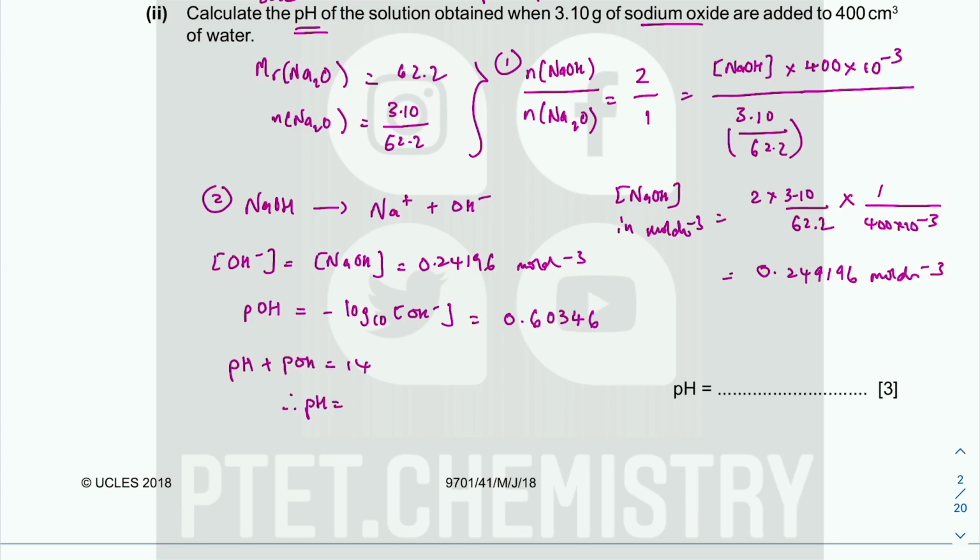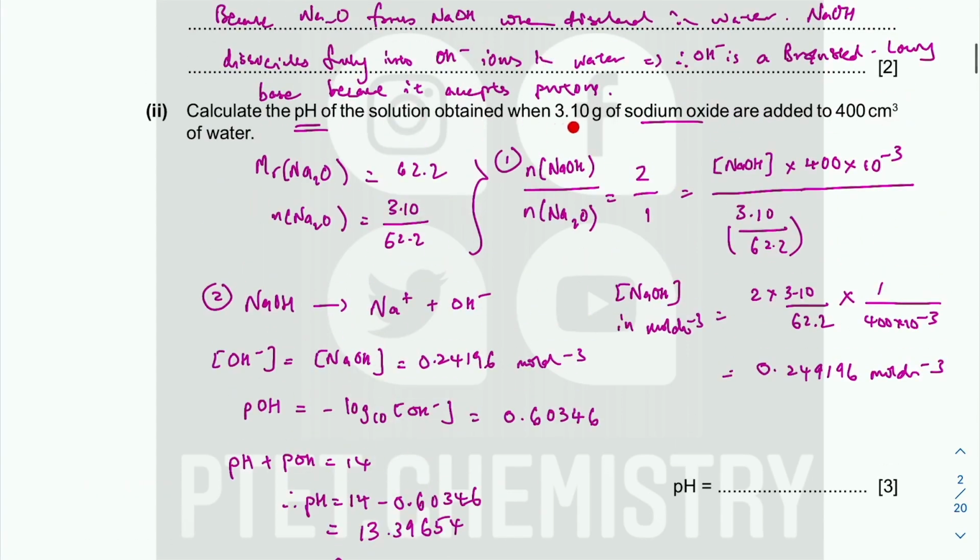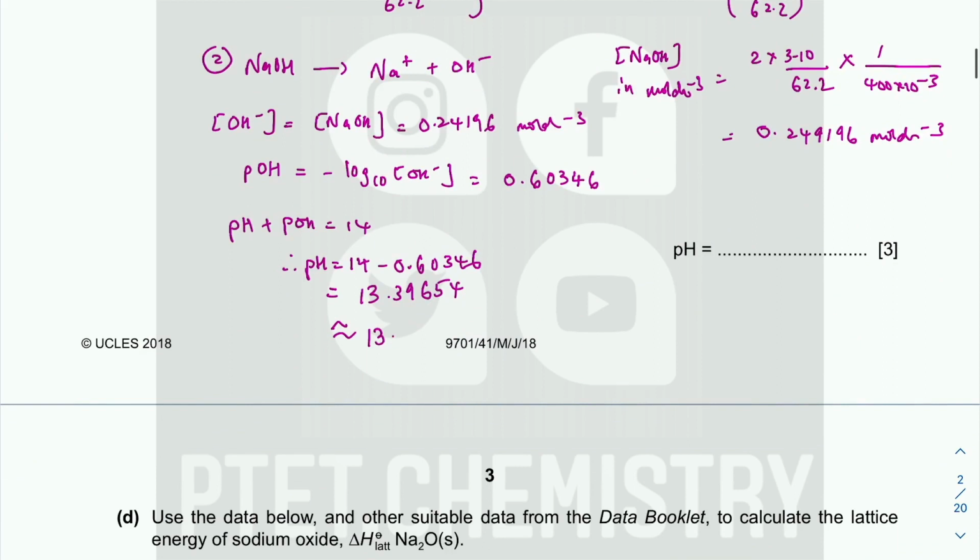Therefore, pH equal to 14 minus 0.60346, which is 13.39654. This data were given to me in 3 sig fig, so what is appropriate would have been 3 significant figures for the pH.